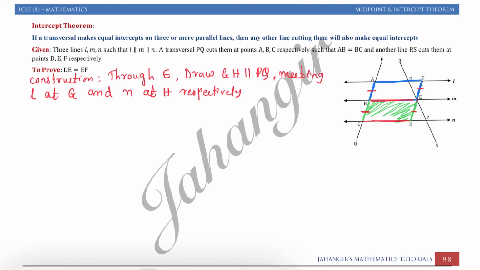So let us write all these steps. Proof. First we will say AG is parallel to BE, that is given, and AB is parallel to GE. This is construction, given and construction. I am writing two steps at the same time.